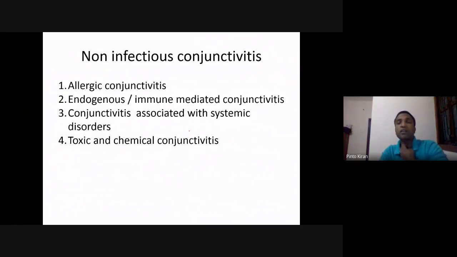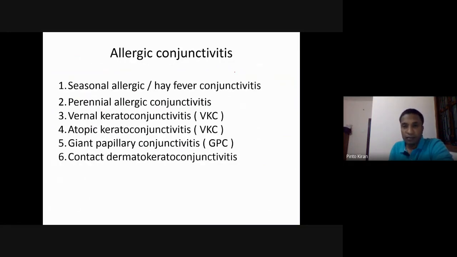Non-infectious causes. What are the non-infectious causes? You have allergic conjunctivitis, immune-mediated or endogenous causes associated with systemic disorders, and toxic or chemical conjunctivitis. In allergic conjunctivitis, just with the names you can remember, it's not so confusing, though the list looks very big.